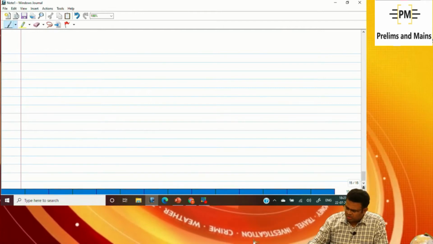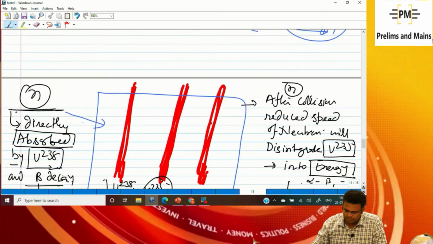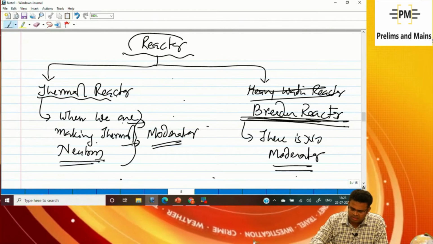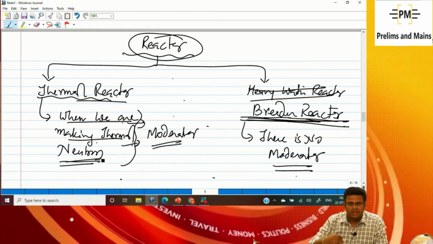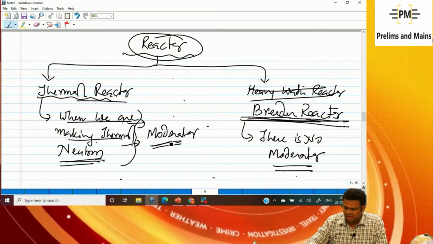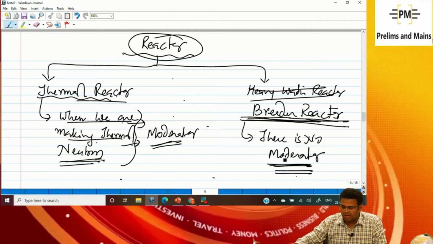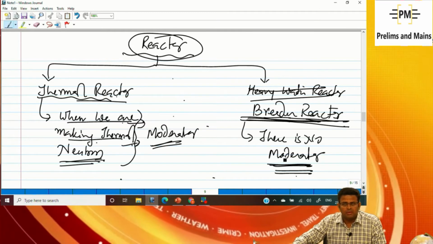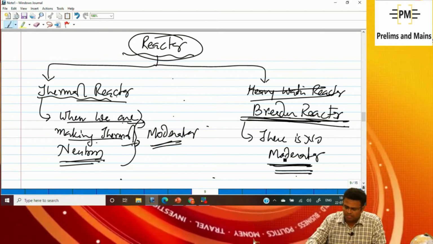I have talked about the two types of reactor. One is a thermal reactor, meaning we are making thermal neutrons, and then we are disintegrating uranium-235. But when there is no moderator, when we are not using the moderator, and at that time we are using natural uranium, what is happening?